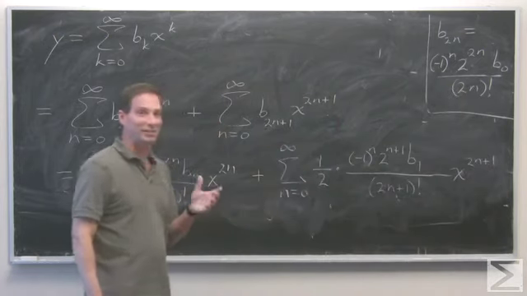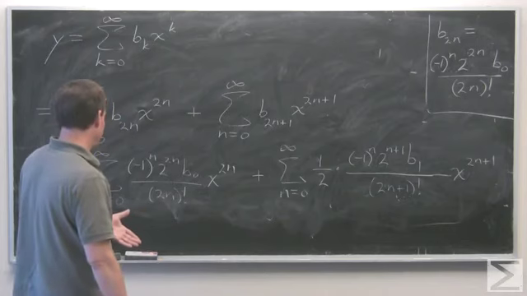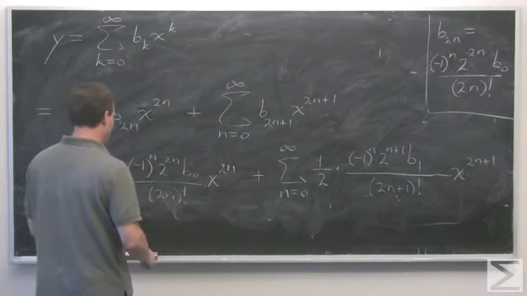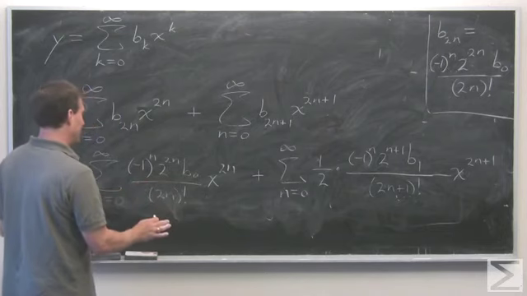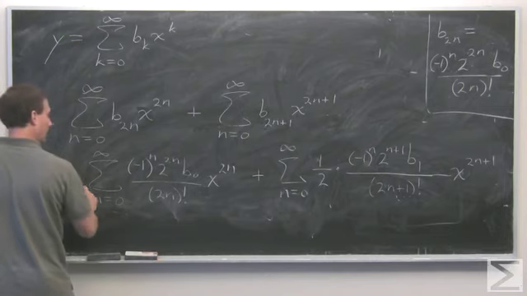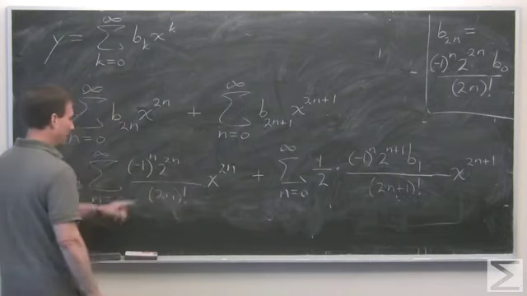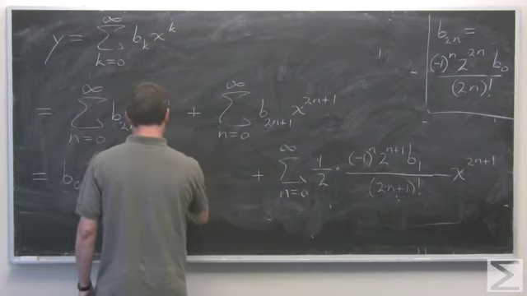Now, this may not look like anything you're familiar with, but let me try to make it look better. This is what we get, but factor out the b naught. Here's 2 to the 2n and x to the 2n, right? That is 2x to the 2n.